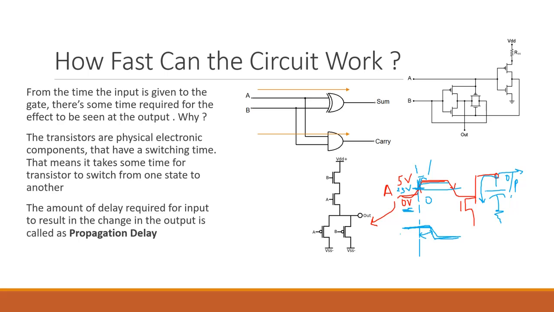Initially the capacitor was at 5 volts, and now it starts dissipating the charge, so from 5 volts it will go down to 0 volts. As we studied in capacitor basics in our early college days, there is a time constant called RC. This transistor acts as the resistance, and this capacitor will start losing its charge through this path.